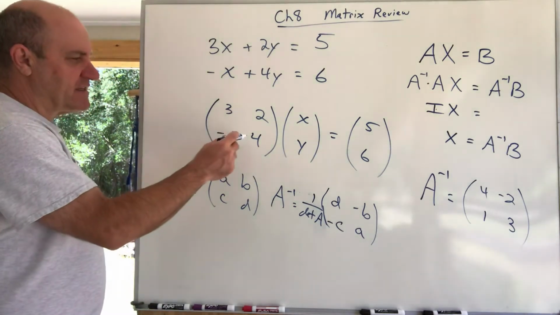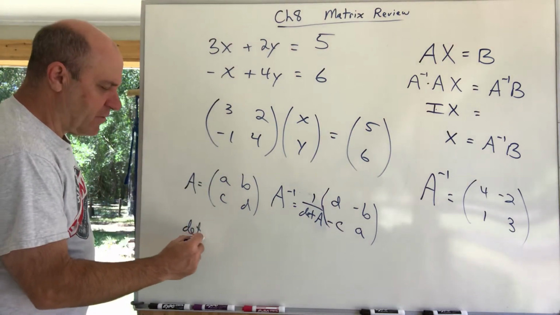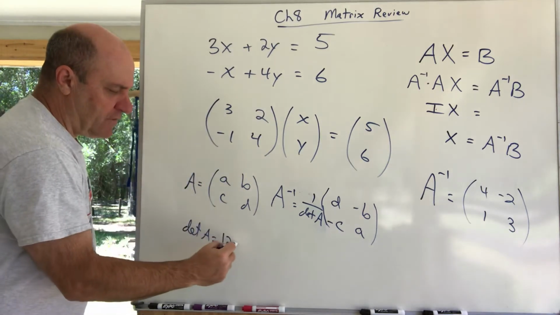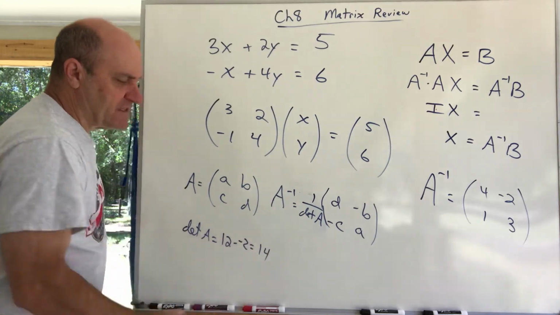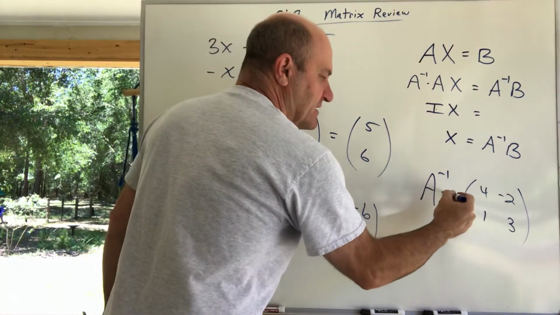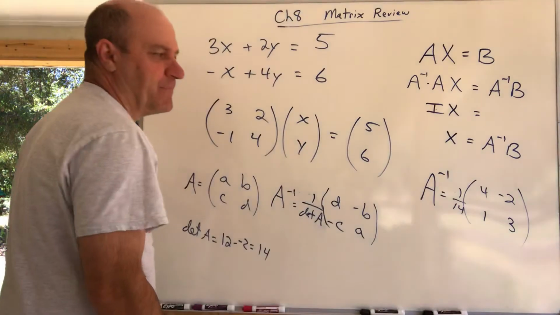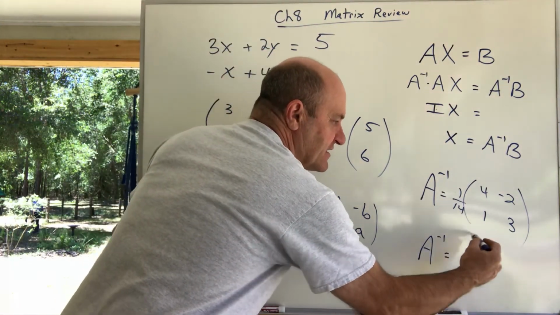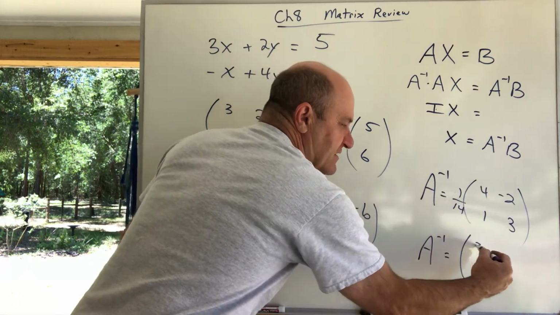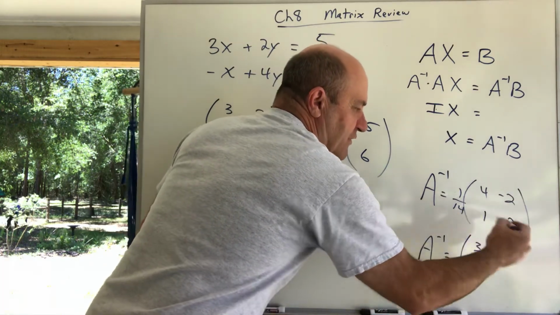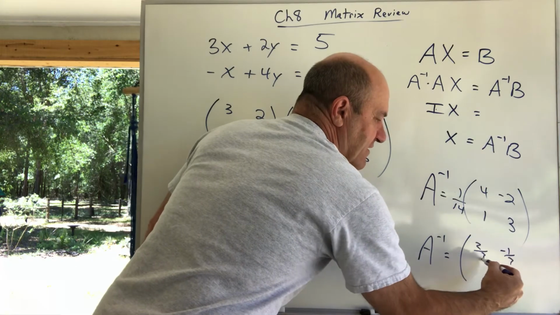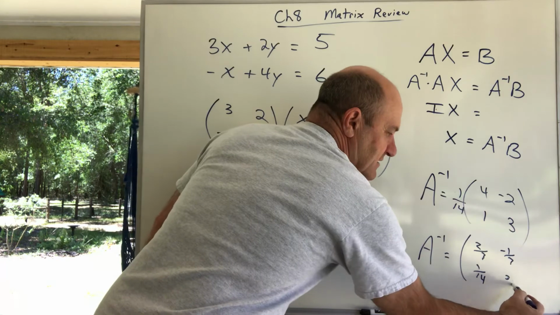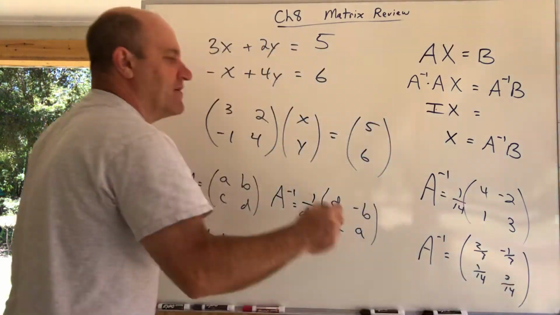The determinant of A is 12 minus negative 2, that was 14. So out front here is a 1/14. If I distribute that, A inverse is this: 4/14 or 2/7, negative 2/14 or negative 1/7, 1/14 and 3/14. That's the inverse of this matrix.